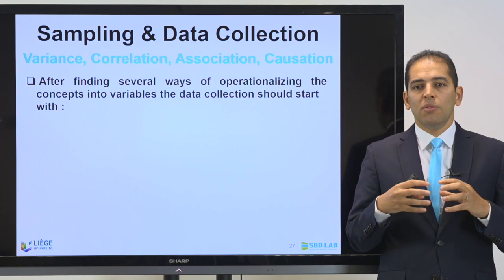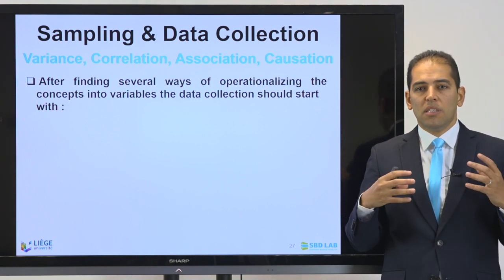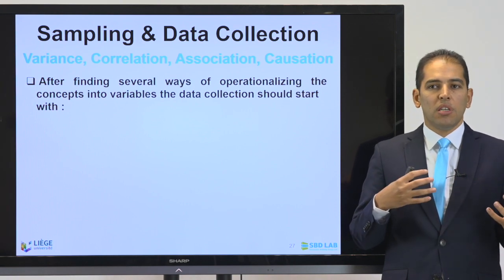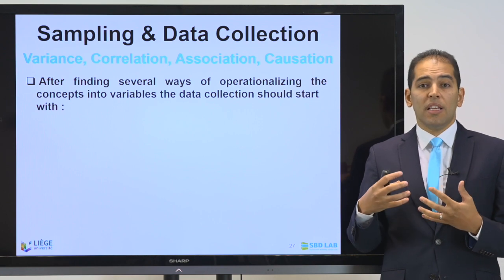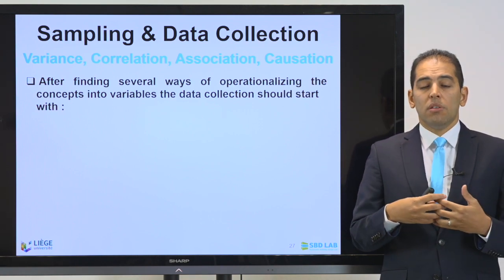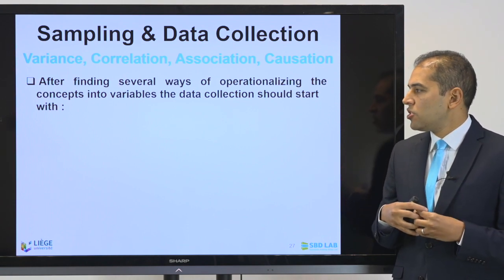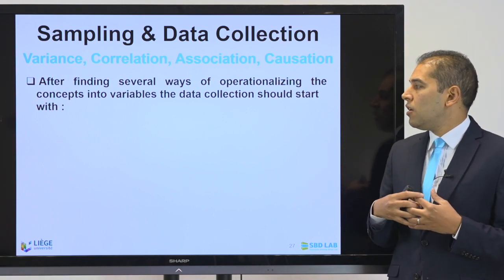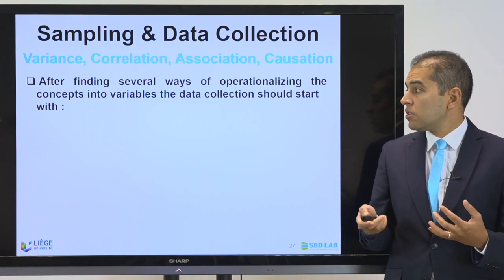So as I told you, when we do statistical analysis, what we are looking at in any data set is either variance, correlation, association, causation, or regression afterwards, if there's a correlation. So after finding several ways of operationalization, the concept needs to be translated into variables, and the data collection should start with the following.